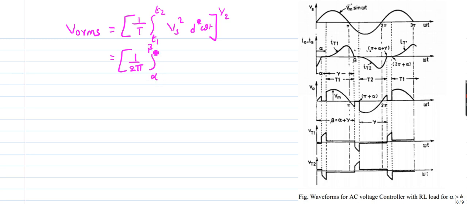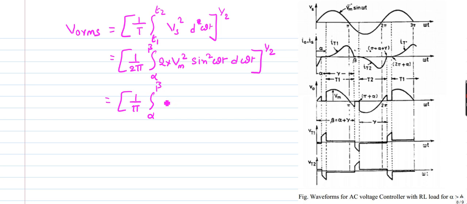So alpha to beta Vs square means Vm square sine square omega t d omega t. So as it is following half wave symmetry, I can multiply with 2. So root, 1 by pi integral alpha to beta, here I can write Vm square, sine square omega t I can write 1 minus cos 2 omega t by 2 d omega t.